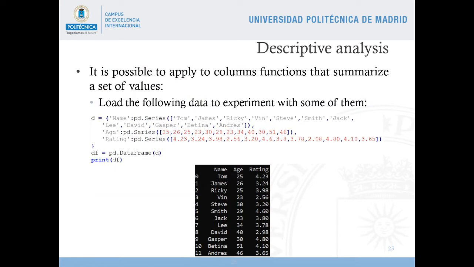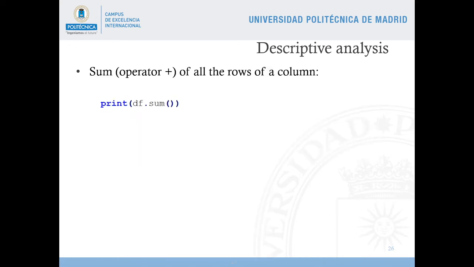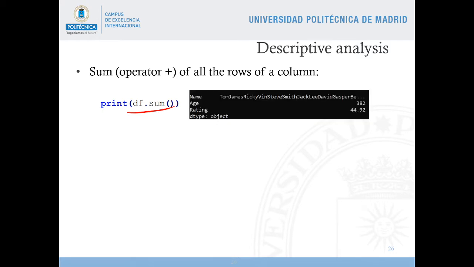Also, to get a descriptive analysis of your data frame, you can apply some functions to one or more columns. Okay, for instance, we loaded this data frame with names, ages, and ratings of people. And for instance, if you apply the sum function to all the data frame, what you get is the use of the operator plus to all the rows of the same column.